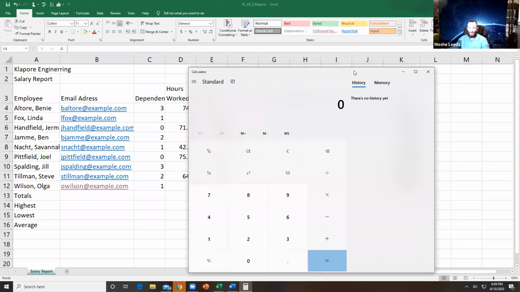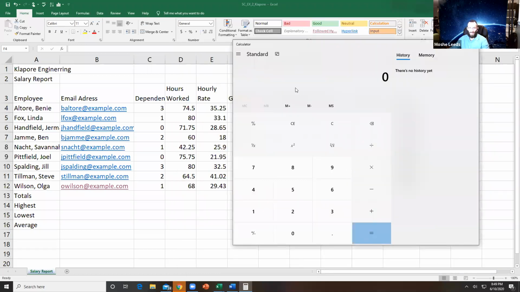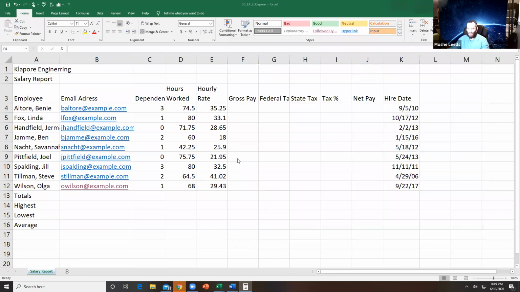So you worked for 74.5 hours times 35.25, and their gross pay is 2,626.125. So let's round up, 13 cents. That's their gross pay.